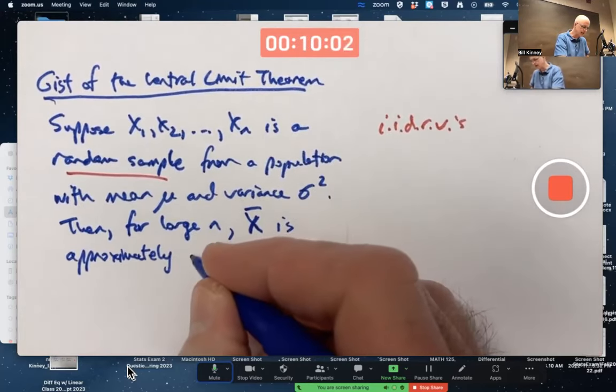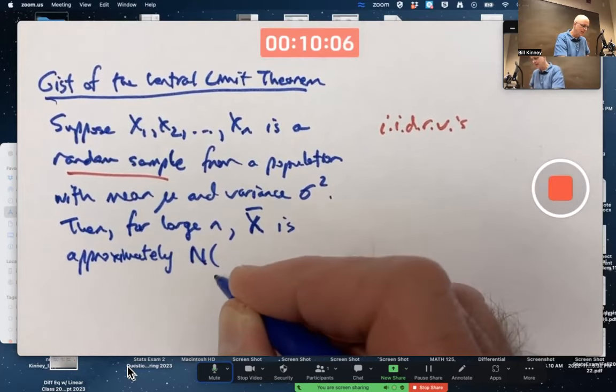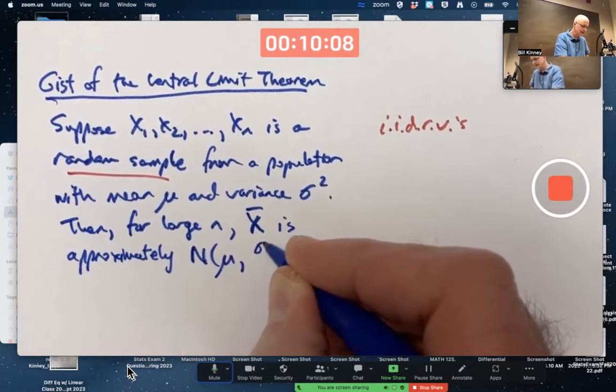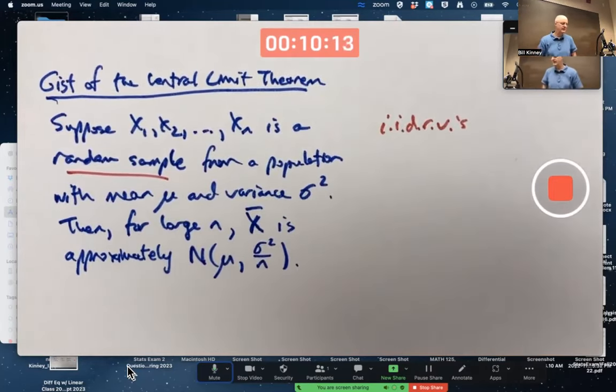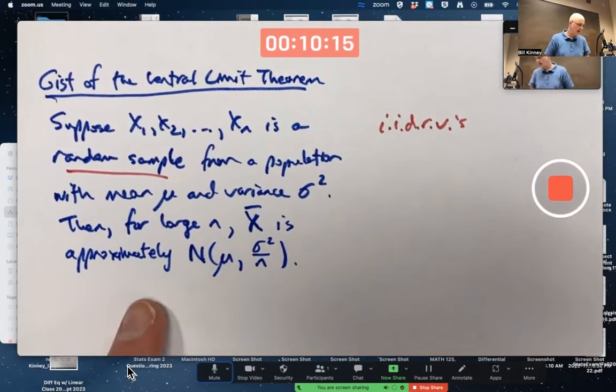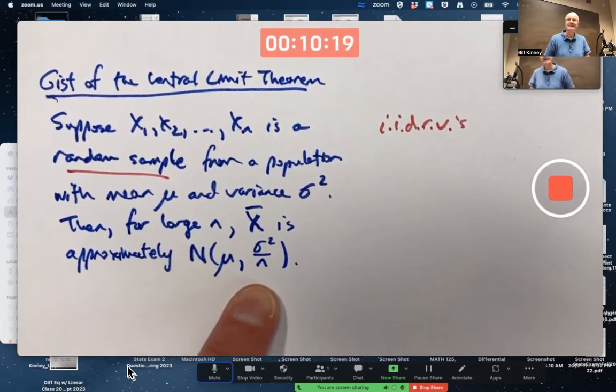I'm going to go ahead and just use symbols here. Approximately N(mu, sigma squared over little n). That's shorthand for saying X bar is approximately normal with this mean mu and this variance, the original variance divided by n.